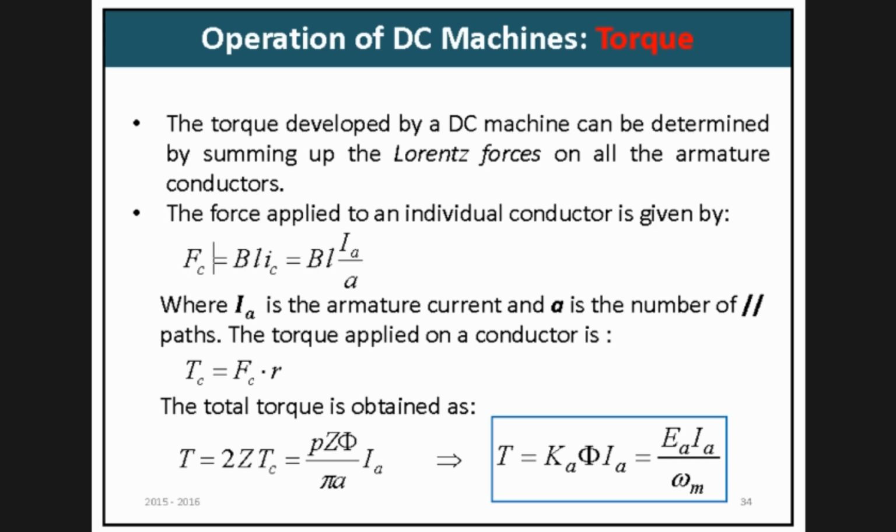Then this will be equal to B L Ia over A. So for BL, we can apply the previous value, P Z phi over phi A. So then the equation for torque will be K times phi times Ia, where K is the armature constant, P Z over phi A, and it is equal to Ea Ia over omega m.